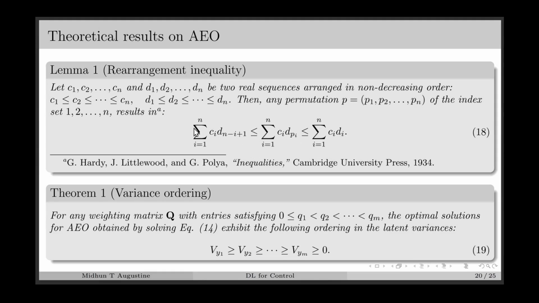The product will be minimum if one is in increasing direction and the other is in decreasing direction. This is like C1 into Dn, C2 into Dn minus 1, and so on, and in that case, the product will be minimum. Now, using the rearrangement inequality, we can prove that if we select the Q1, Q2 in an increasing order, we will obtain the latent variances in a decreasing order for the optimal solution.